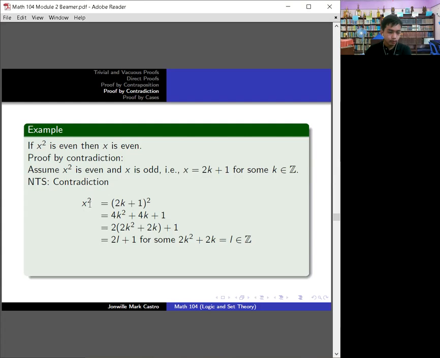Therefore, x squared is odd because it is 2l plus 1, which is a contradiction to x squared being even. It contradicts our assumption. Therefore, if x squared is even, then x is even. Okay? So, that is proof by contradiction.